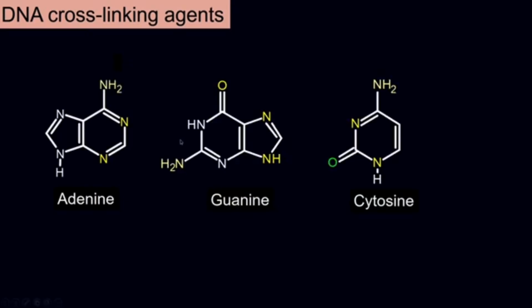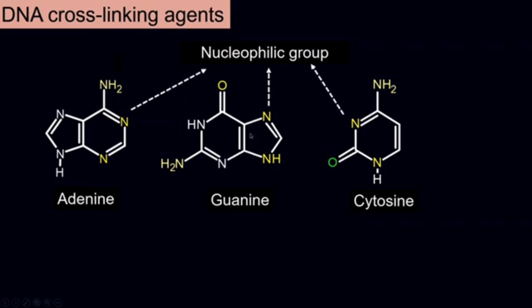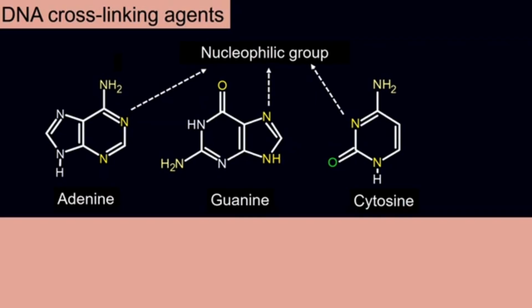The adenine structure is here, and there is guanine, and then the cytosine structures. So primarily these adenine- and guanine-based alkylating agents do contain strong nucleophilic groups. Therefore, these nucleophilic groups tend to make a complex, a covalent bond with the cell DNA.